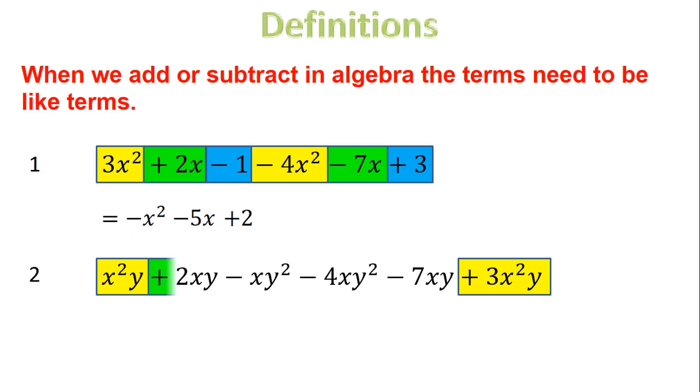My second term is plus 2xy. Well, there's 3 terms remaining that we haven't highlighted. Have a look. Which has exactly the same variables and exactly the same exponents for those variables.